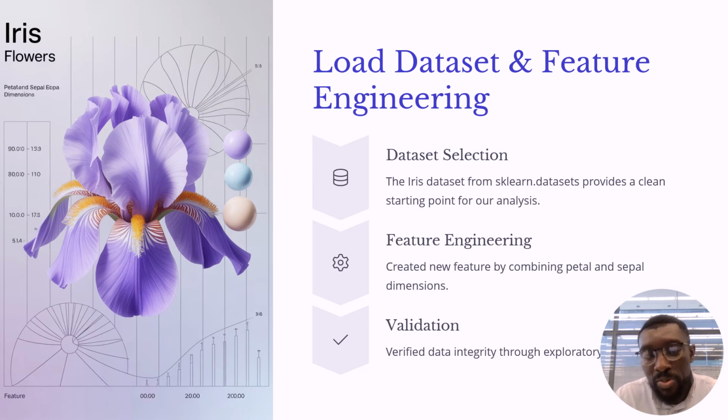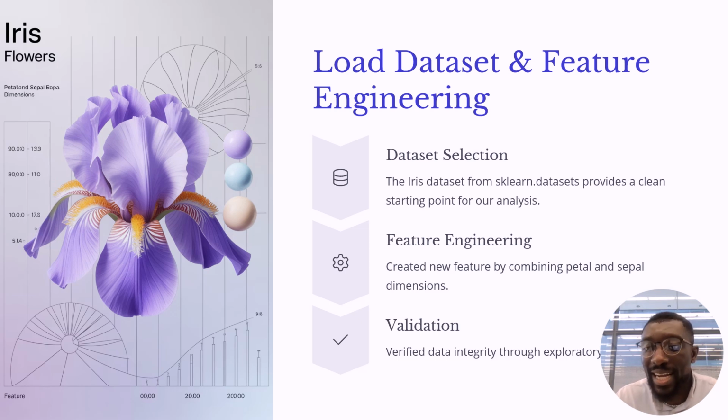The way we're proceeding with the analysis is through the iris flower data set. We load the data set and then do feature engineering. We selected the data from the Scikit-learn data sets, which provides a starting point for our analysis, and then we move to the feature engineering.